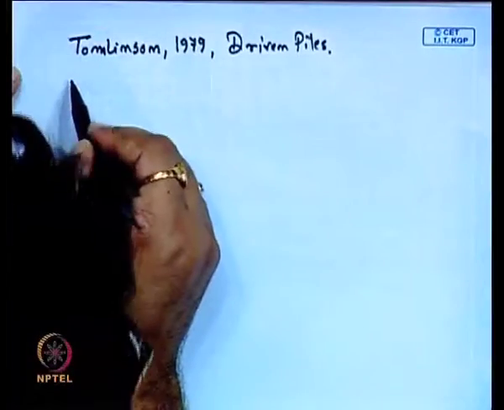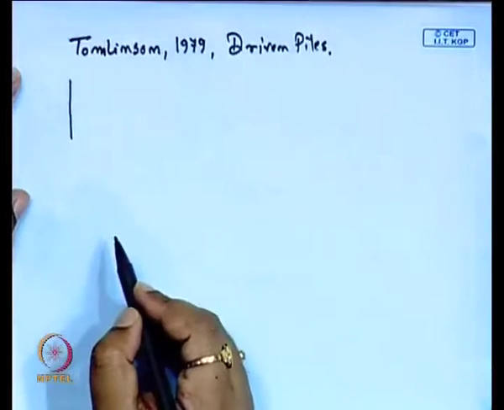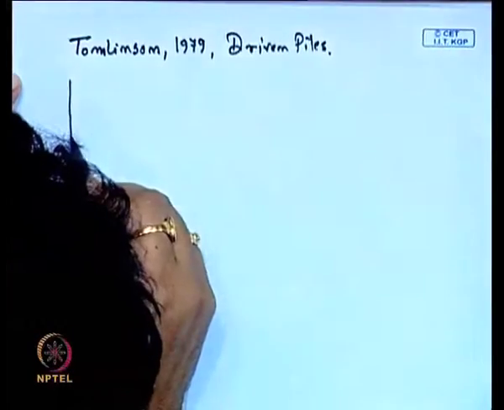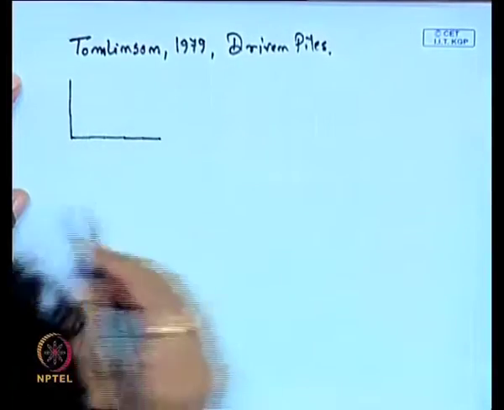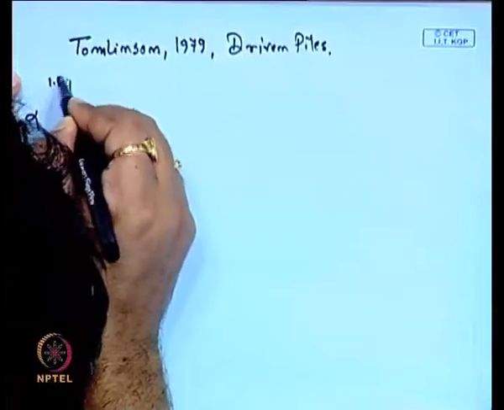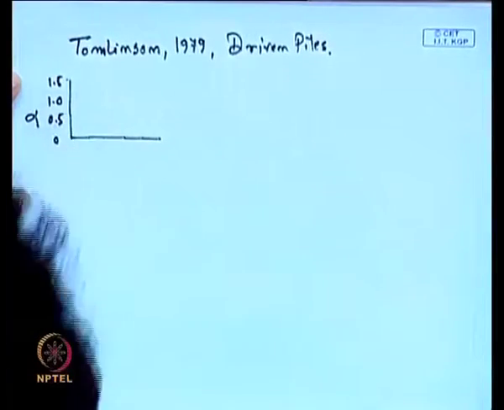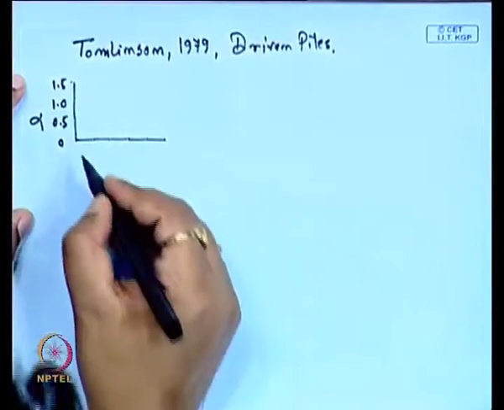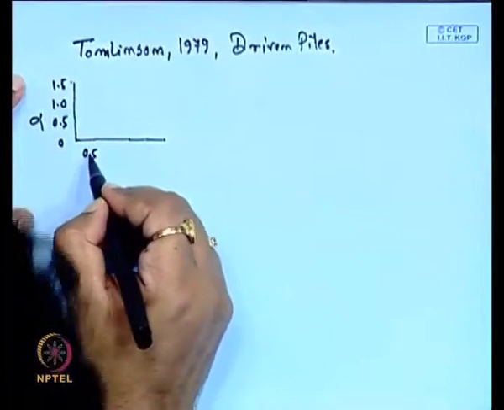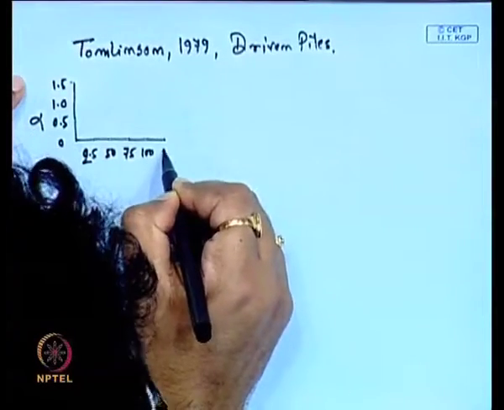So, in this figure, this is alpha, this is 1.5, this one is 1, this is 0.5 and this is 0, and this side is 25, 50, 75, 100, 125.